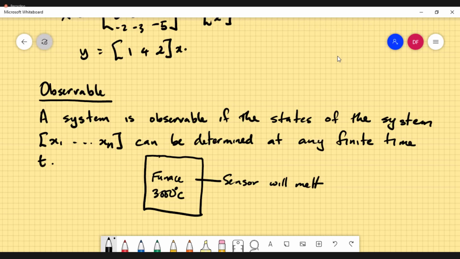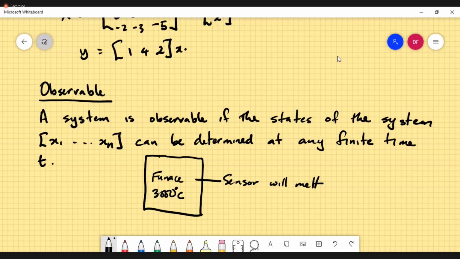So you can't determine the temperature, which is one state of the system that you want to know. If you don't know the temperature, then you can't control it, because there's no way to measure it.